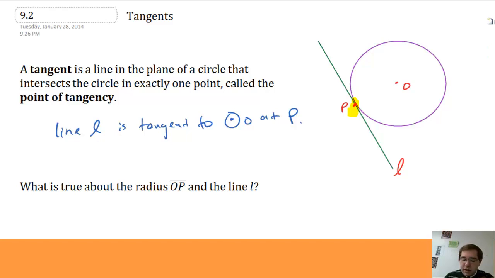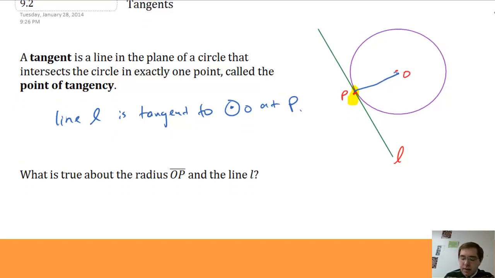What's true about the radius of that circle, that is OP, and the line L? Turns out those are always perpendicular, which you can kind of tell they're going to be. Looks like they make a right angle.